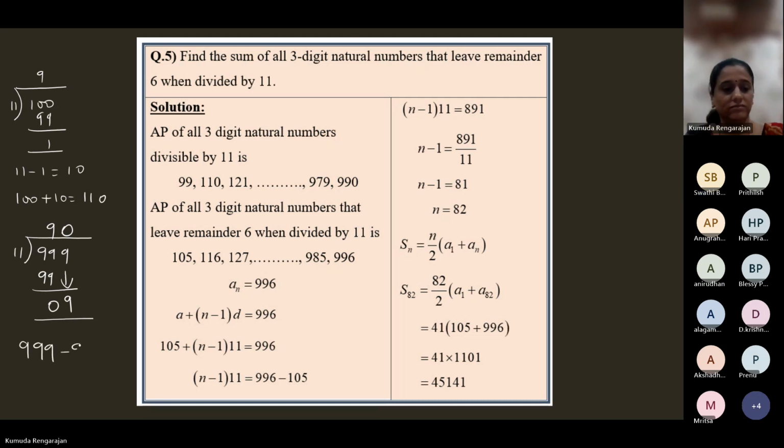Very good. So this is how we generate the arithmetic progression 110 to 990. And just wait for 2 minutes. All of you complete it.